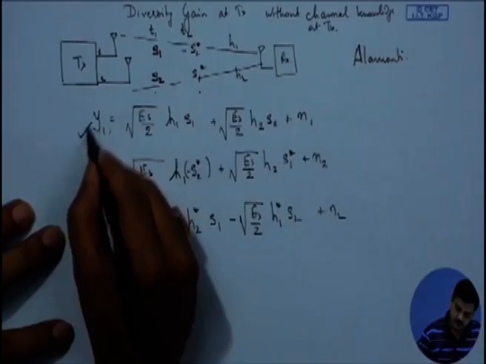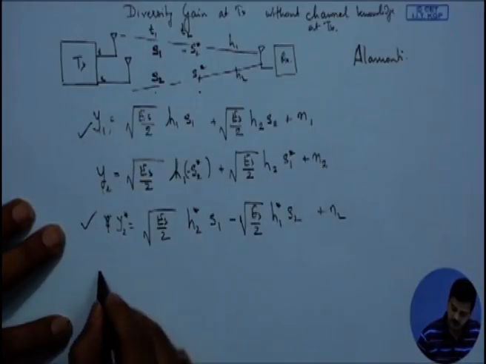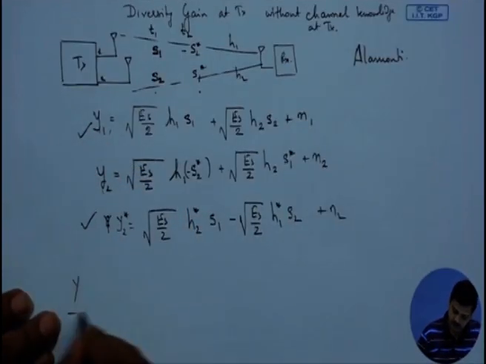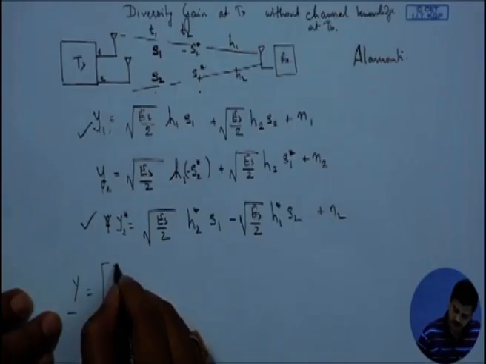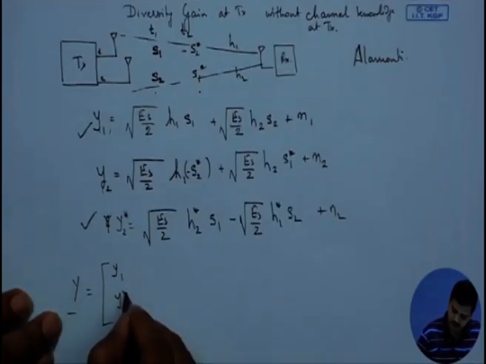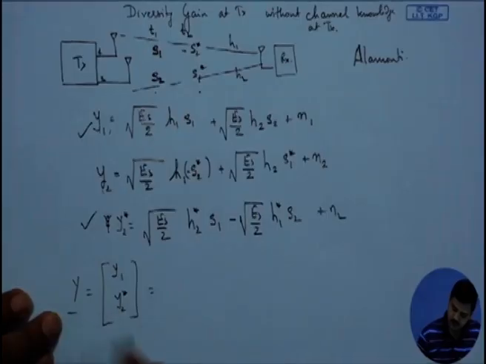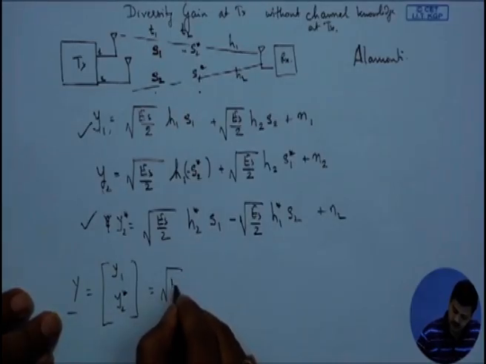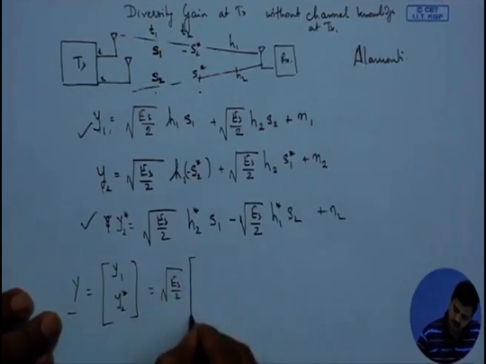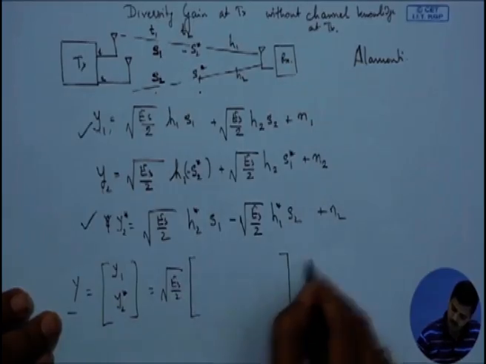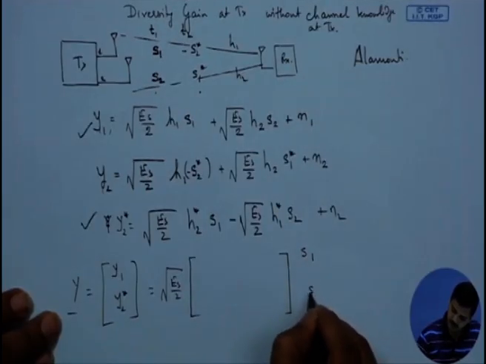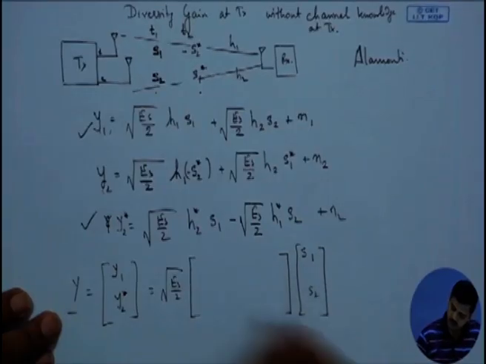So if I focus on y1 and y2 conjugate in the received vector y, I could form it as y1, y2 conjugate, which I could write as root over Es by 2, and I could send signals s1 and s2 from these 2 antennas.